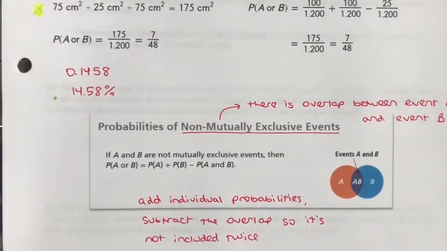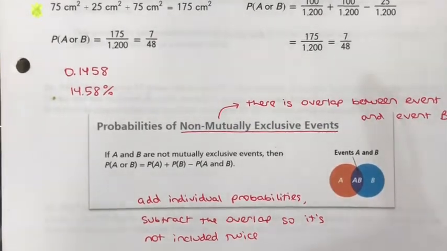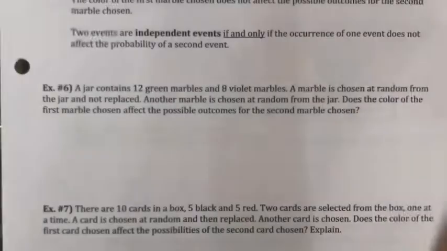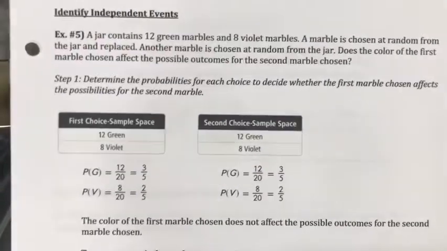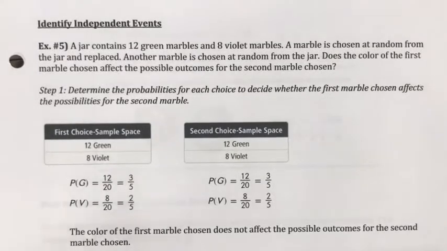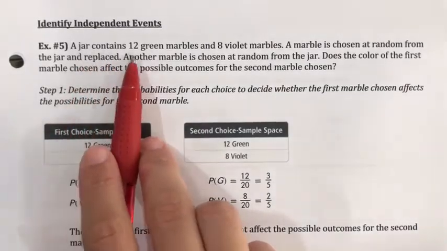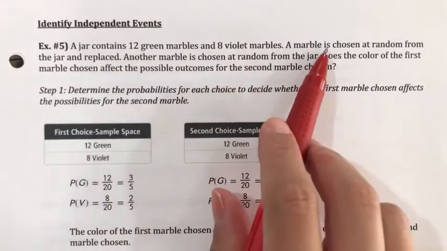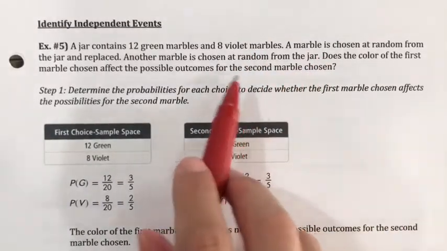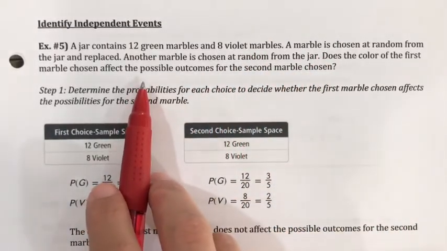Okay. All right, so let's jump to the next page. And our last type of scenario are called independent events. Okay. So a jar contains 12 green marbles and 8 violet marbles. A marble is chosen at random from the jar and replaced.